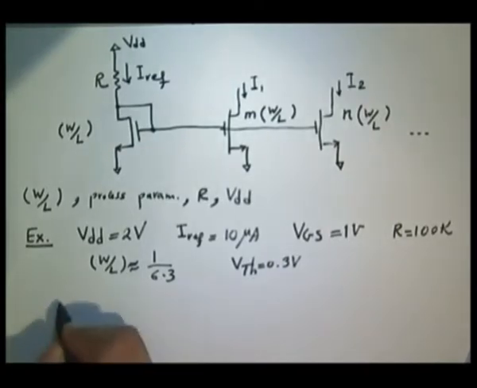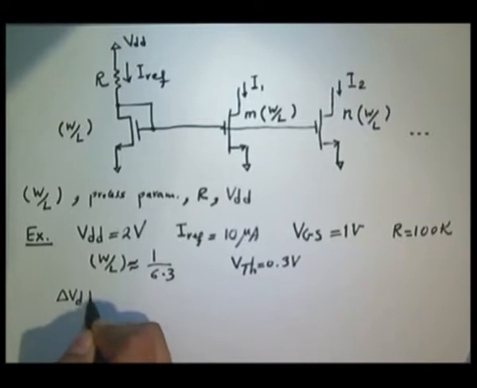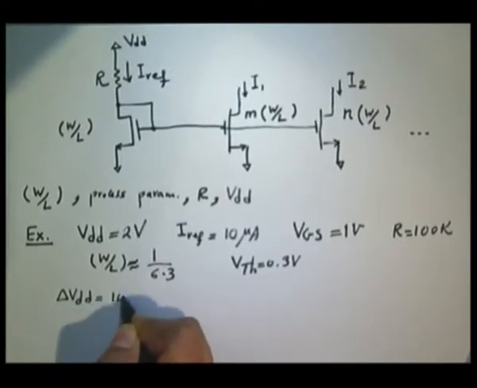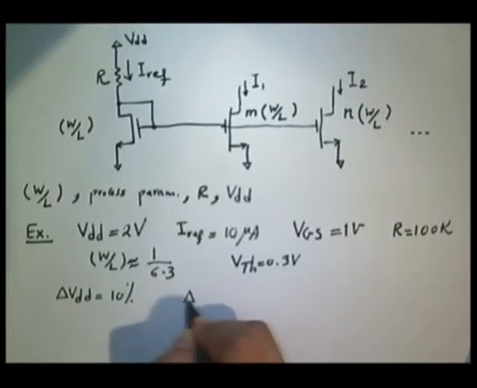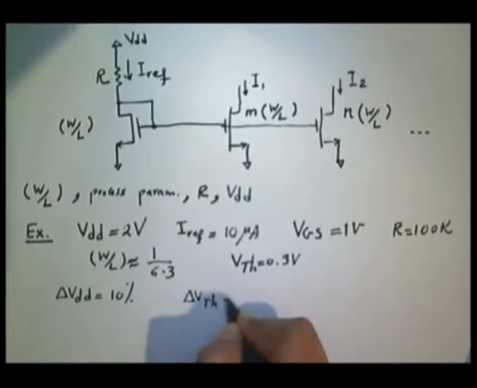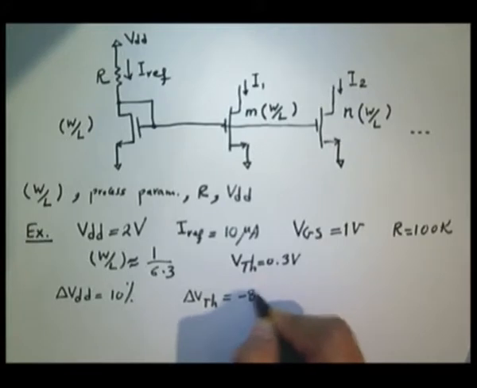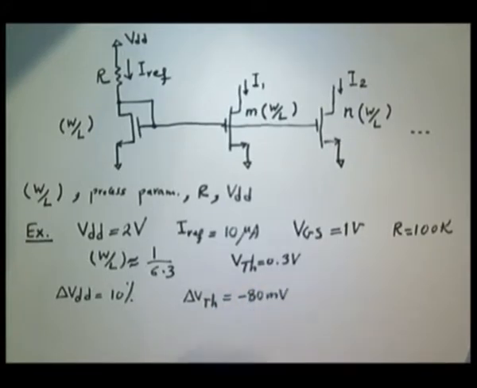Now suppose VDD changes by an amount of 10%. Threshold voltage changes by an amount of 80 millivolt, which may happen in the process variations when we are going from a worst case corner to another worst case corner. So 80 millivolt is not a very strange value.